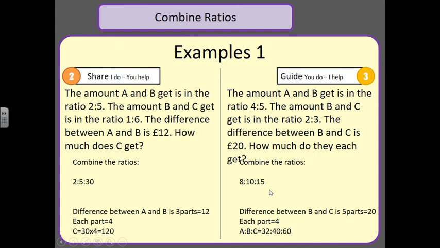Now the difference between B and C this time is 20. So those 5 parts there are worth 20, meaning each part is worth 20 divided by 5, which is 4. So you need to times all the numbers by 4.